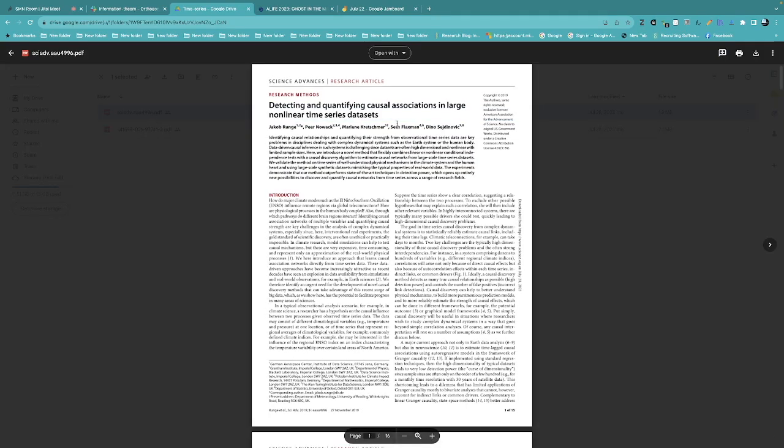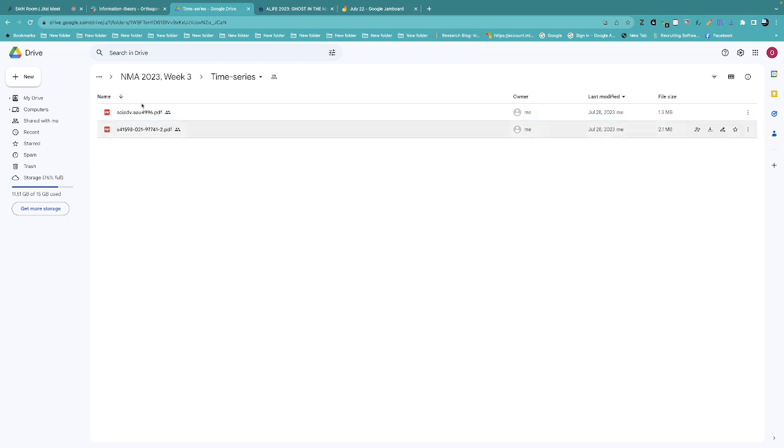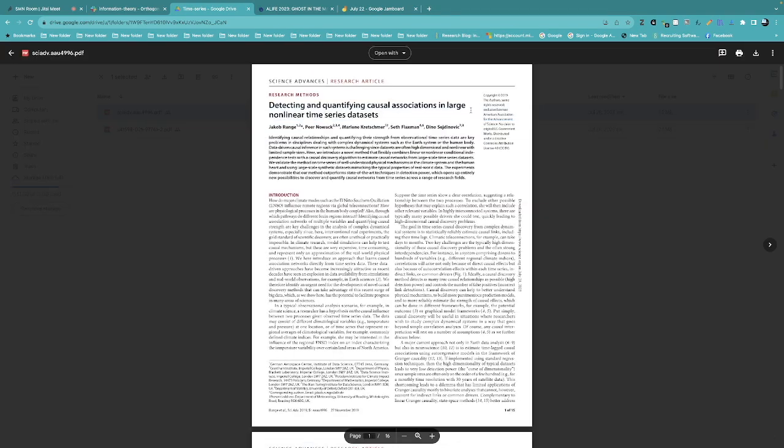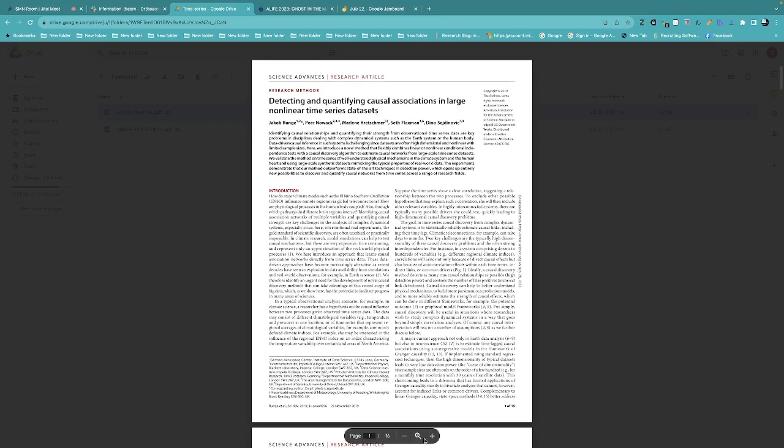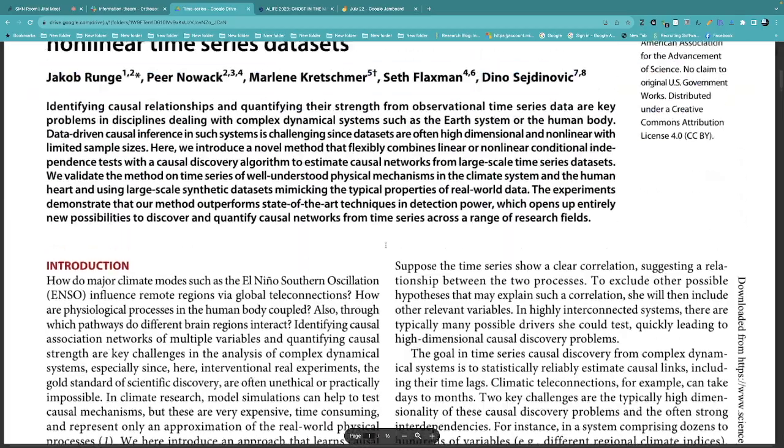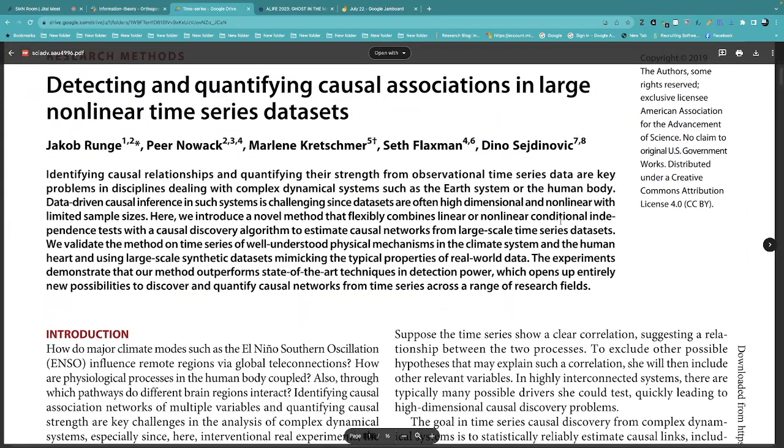So this is a lot of stuff in this folder dealing with time series. So this is detecting and quantifying causal associations in large nonlinear time series data sets. So this goes beyond maybe something like brain data to complex dynamical systems, so things in earth science or things in medicine.